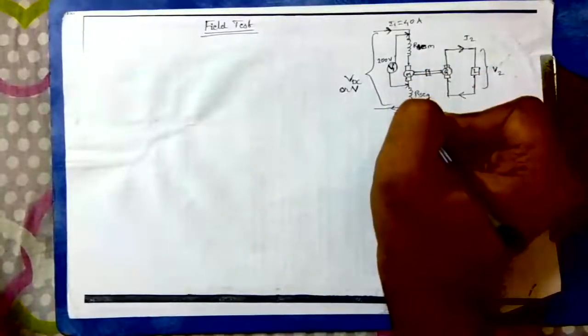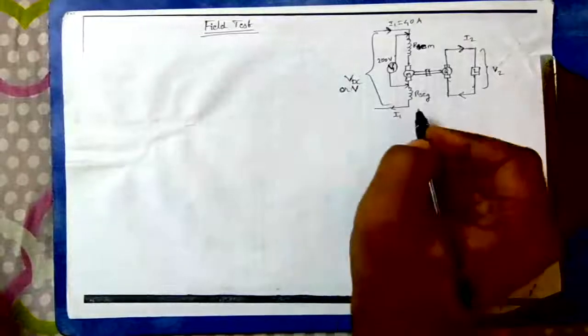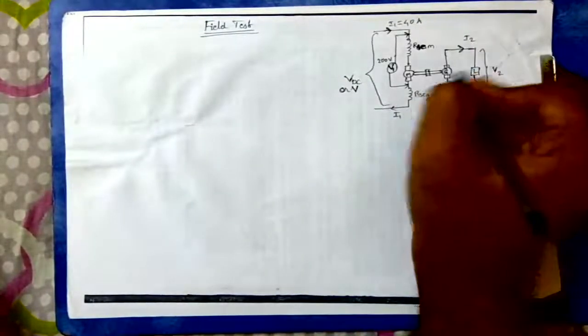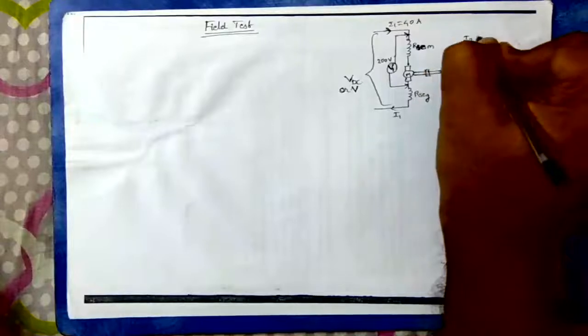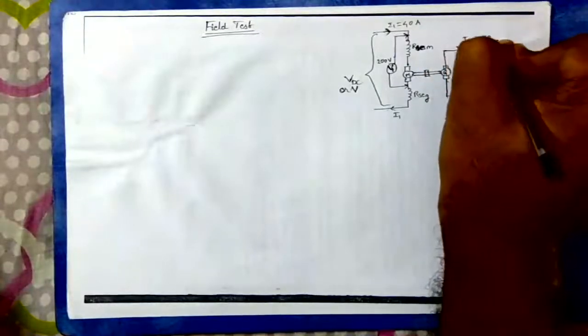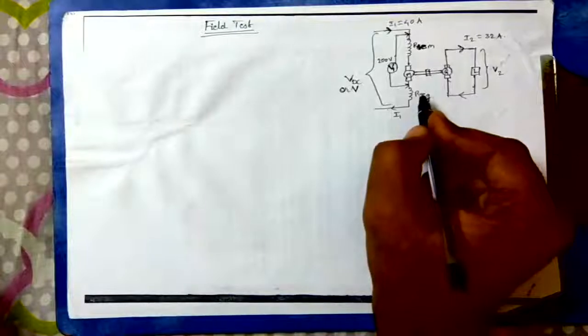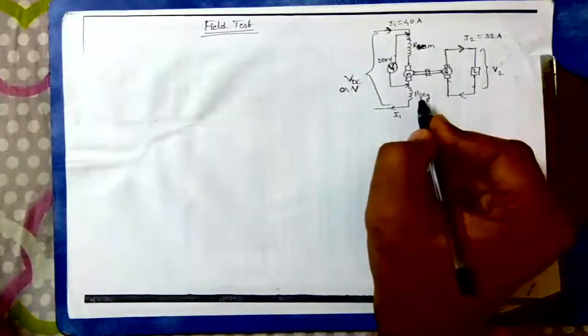Let us move to the generator part, where the data is: armature current is 32 ampere. The generator is over here, so I2 is 32 ampere. Next, armature voltage is 160 volt.